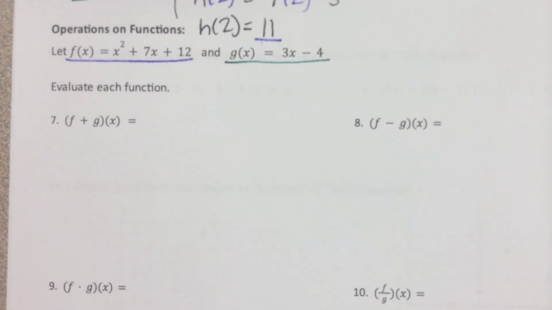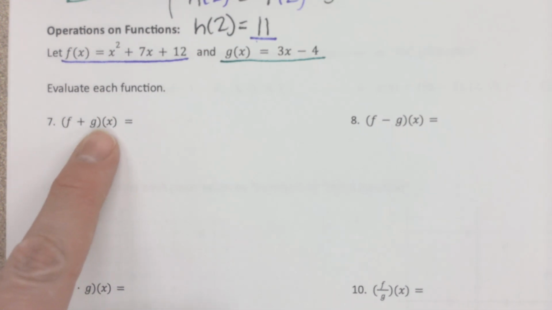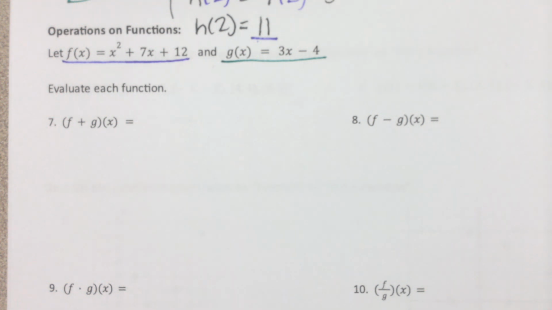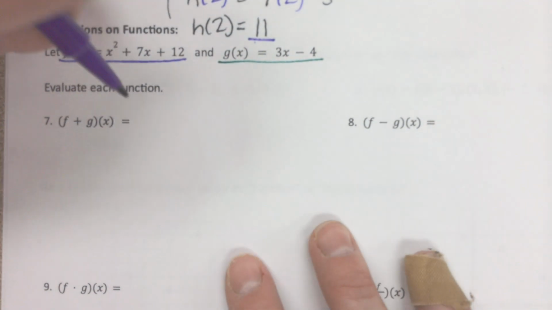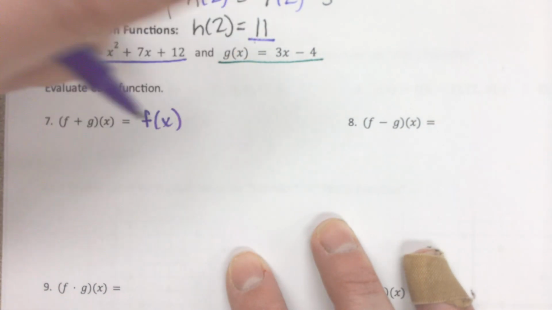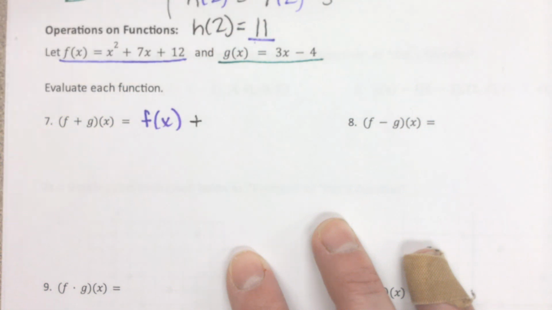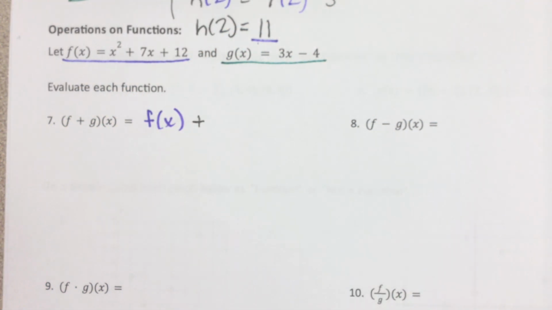Evaluate each function. Number 7, f plus g of x. That's exactly what you think it is. You are going to add f and g. There is a slightly nicer way to write that, so I'm going to rewrite that. F of x plus g of x.